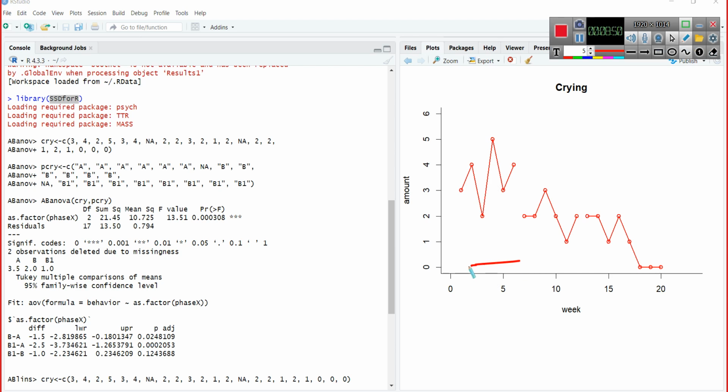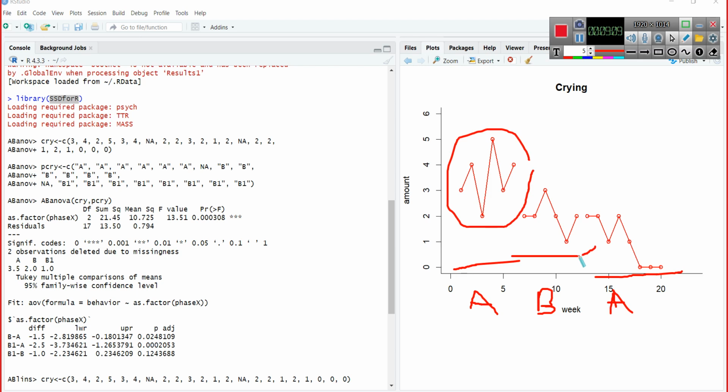As you can see, this may be A, the baseline, B after treatment, and A again for follow-up, an ABA design. This is an analysis of variance, like the traditional ways that we do for a group of examinees, done through a software package like SST4R that does the single subject design analysis.